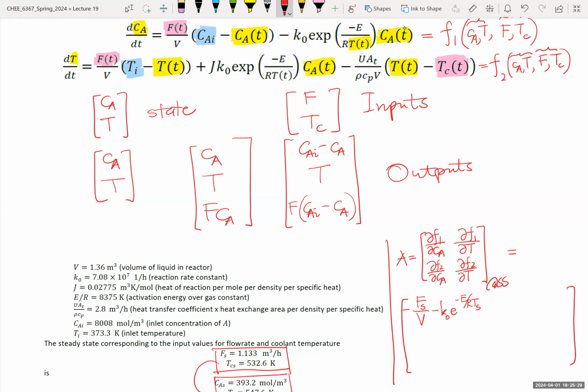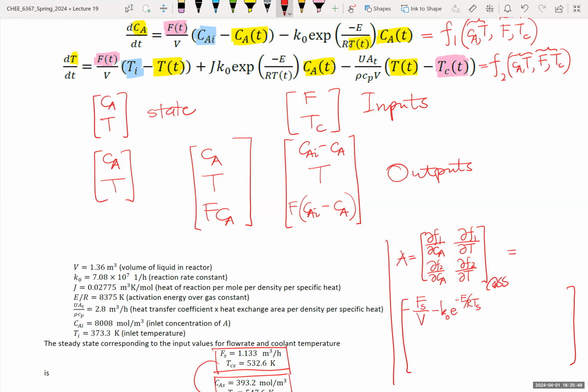That's the first element. Then we have to take partial of F1 with respect to T. Okay, T is here. It's the only place where I have T, right? So I have to go with the exponential, and you know how to take derivatives of these expressions.